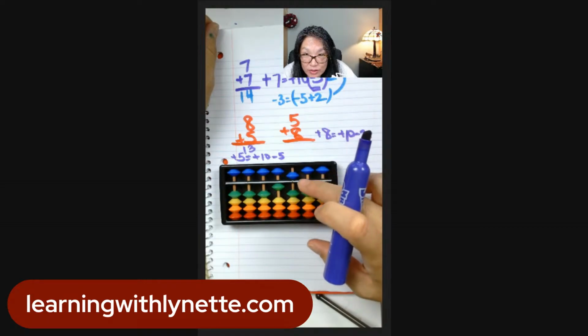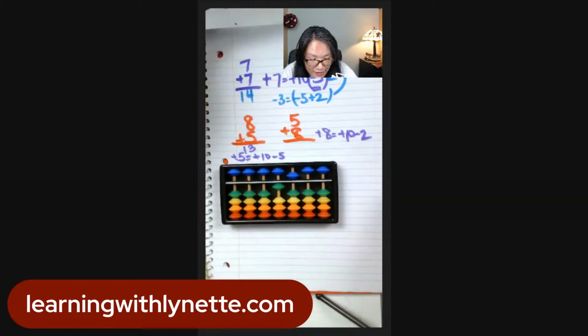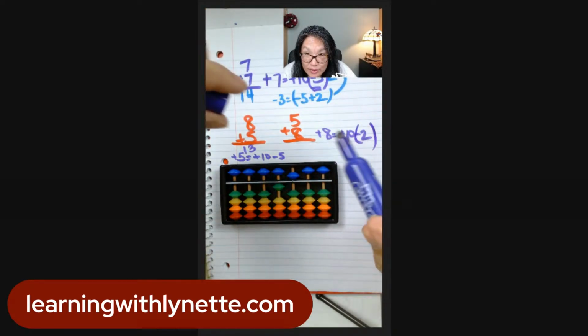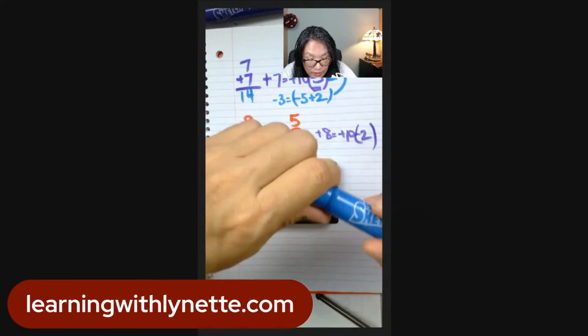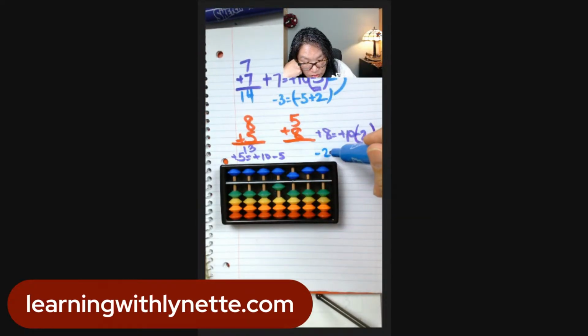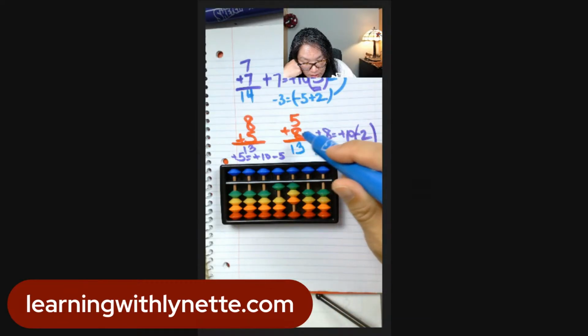So we're going to substitute it. We're going to take away the 5. We know we can take away the 5. Minus the 2 is equal to minus the 5 plus the 3. So we're going to minus the 5 and plus the 3. So my final answer is 13.